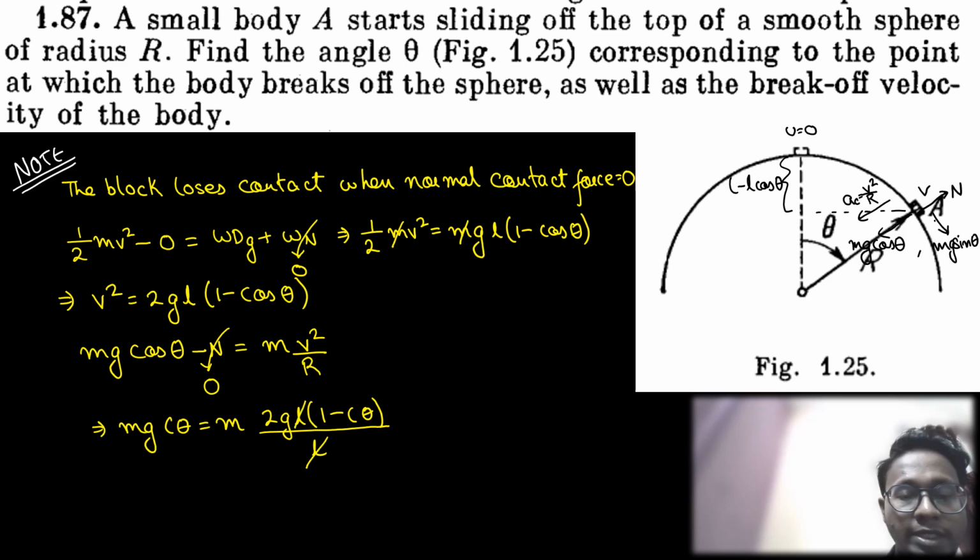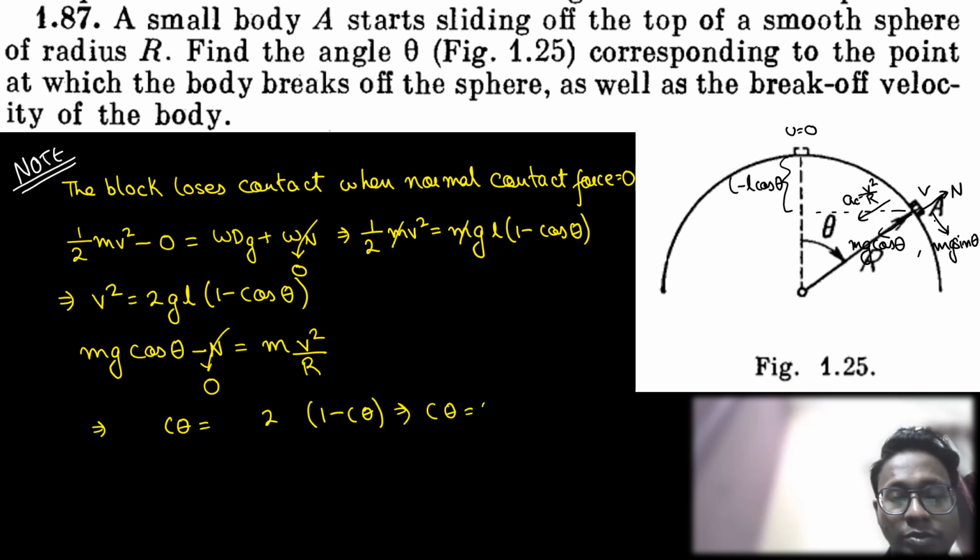L and L will get cancelled, m and m would get cancelled, g and g would get cancelled. So you get the equation cos theta is equal to 2 into 1 minus cos theta, or cos theta is equal to 2 minus 2 cos theta.